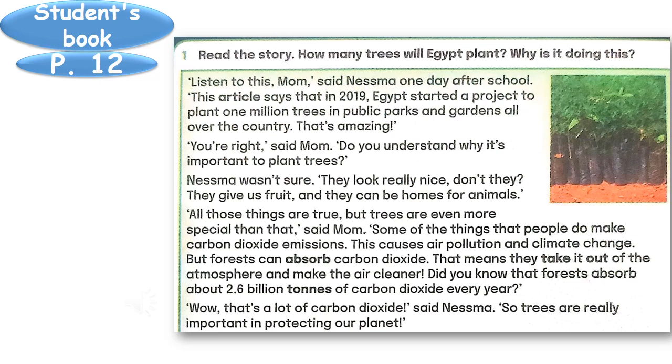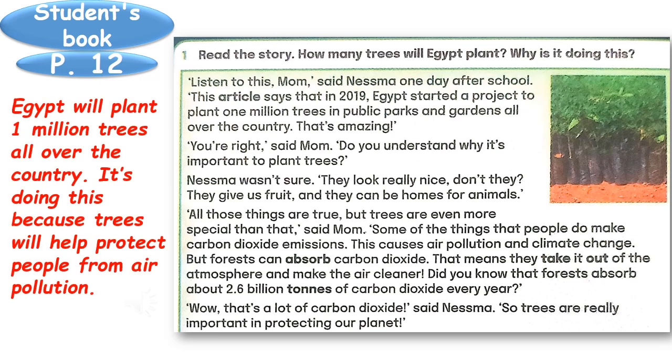Last but not least, you have to open page 12 in order to read this text. It's about how many trees will Egypt plant and why is it doing this. Egypt will plant 1 million trees all over the country. It's doing this because trees will help protect people from air pollution.